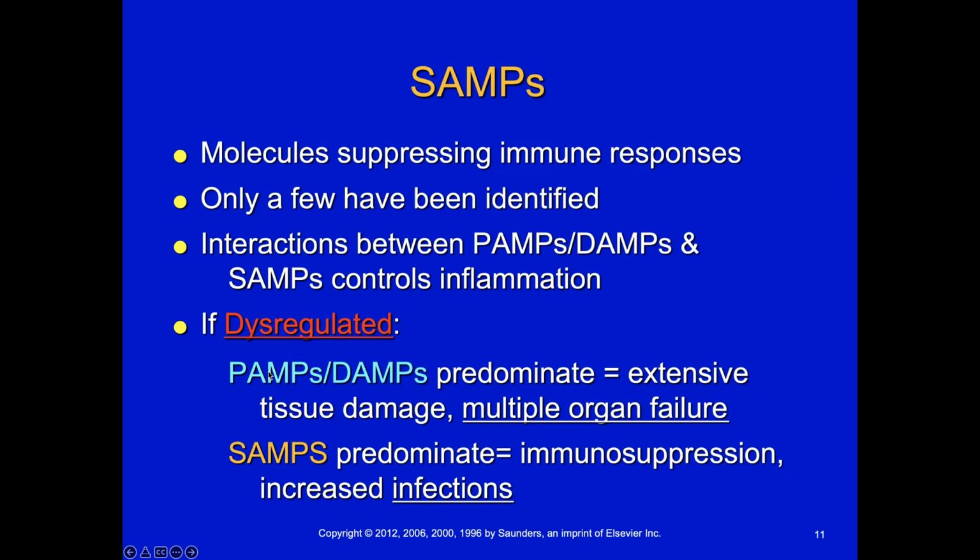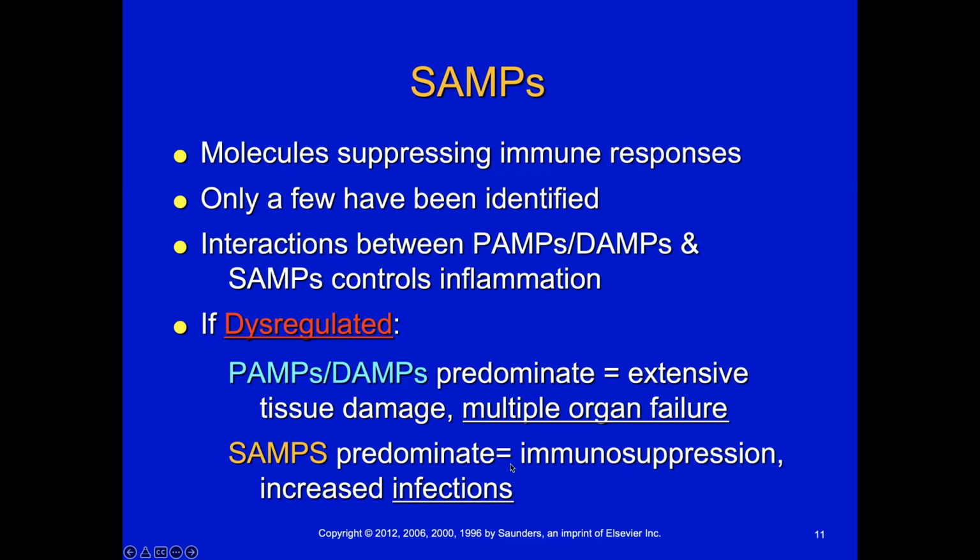If you have a situation where the PAMPs and DAMPs predominate, you're going to have extensive tissue damage, and that will eventually lead to multiple organ failure in the body, and that leads to death. If the SAMPs predominate, so now we're having more of a suppressor effect, you do get immunosuppression.